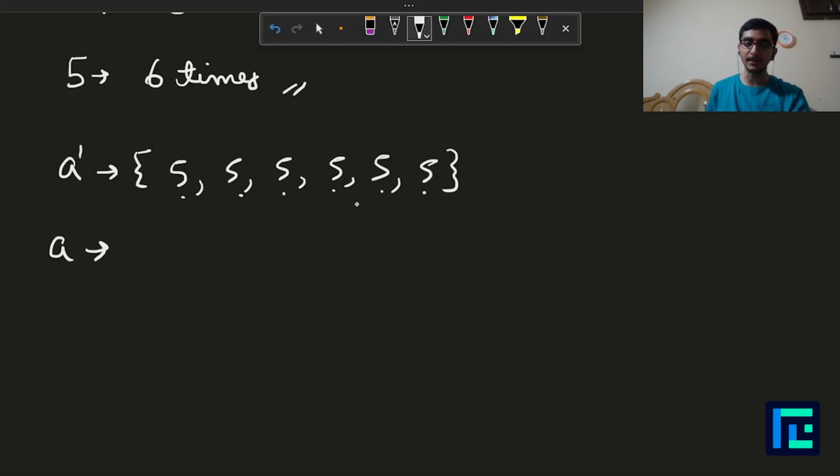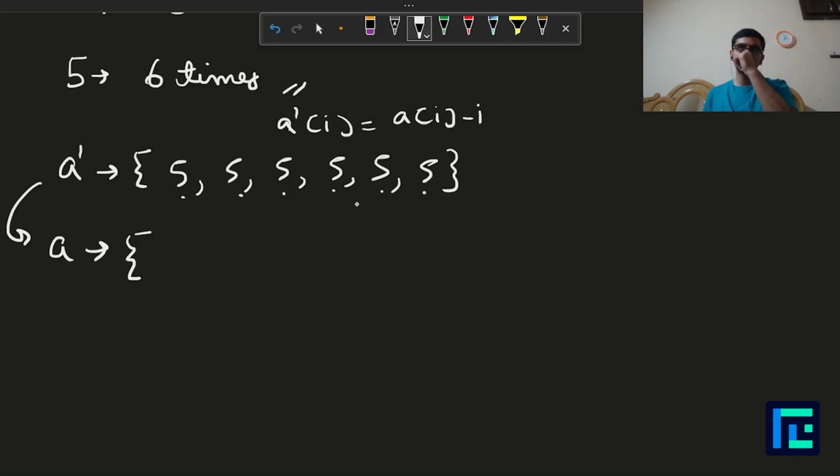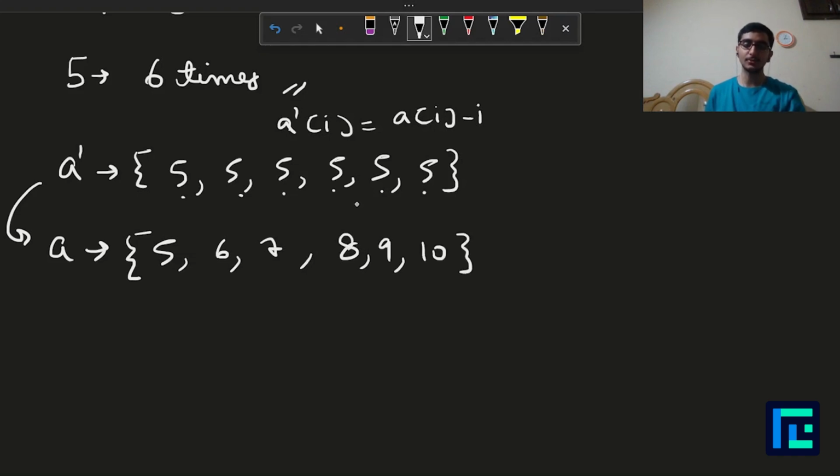Now, what would A be? Could you deduce from there? Because A dash of i equals A of i minus i, my A would be 5, 6, 7, 8, 9, 10, assuming that I'm using zero-based indexing.